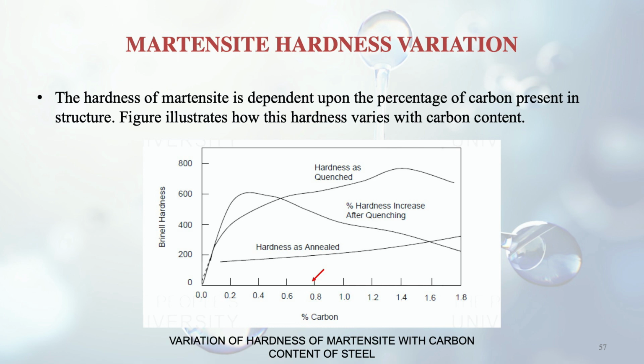martensite. Now we discuss the martensite hardness variation, how the hardness of the martensite itself varies. The hardness of martensite depends upon the percentage of carbon present in the structure. Like we have seen and discussed earlier, carbon percentage determines our hardness.